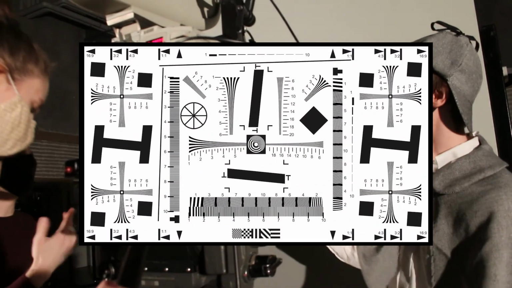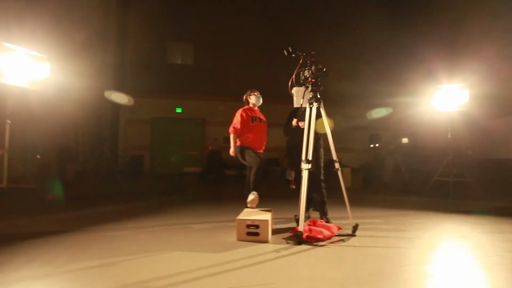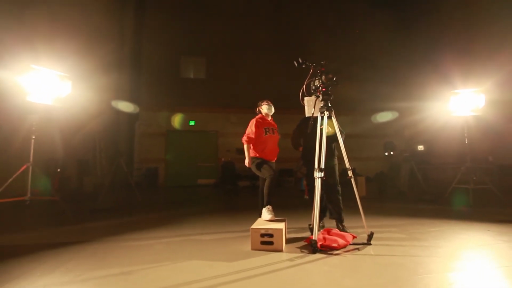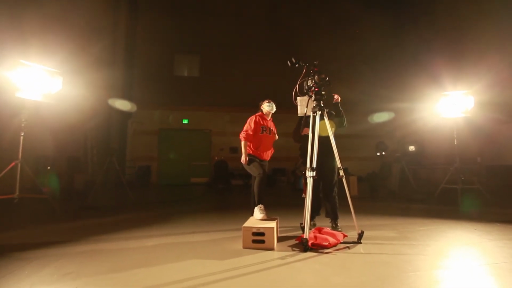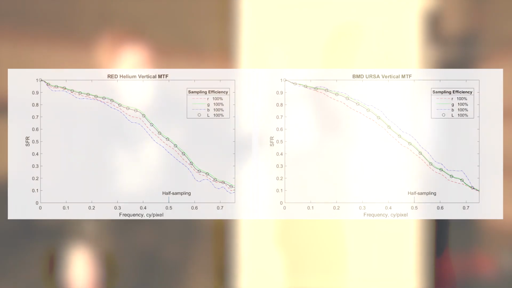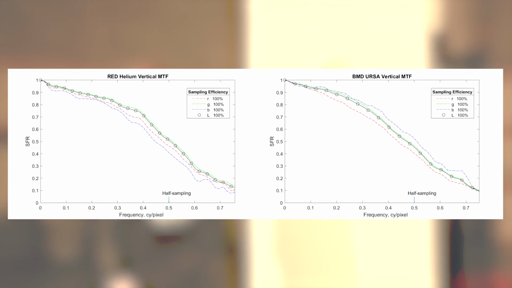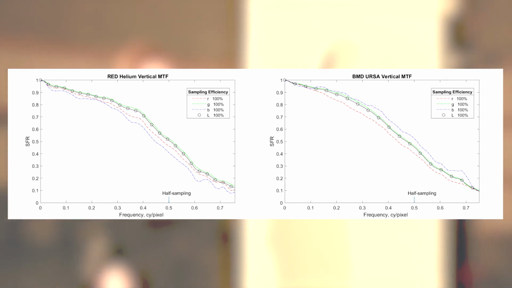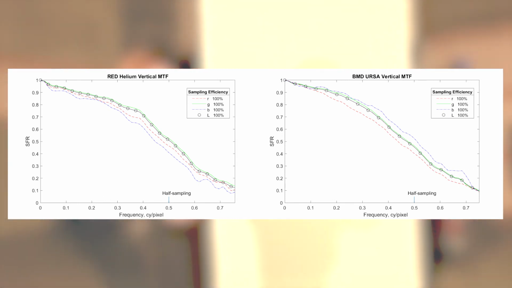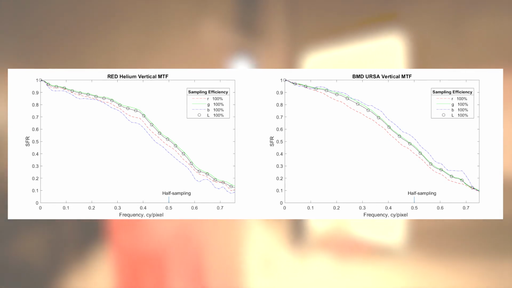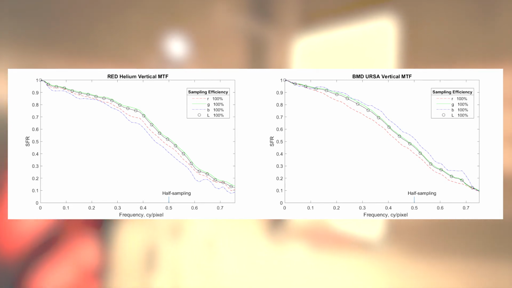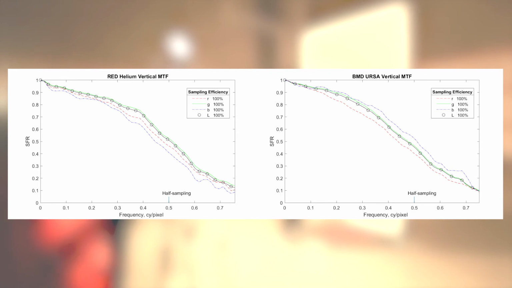We made sure to shoot with as little compression applied as possible and at full sensor utilization. Pardon the graphs, but these just show how well the image is reproduced at increasingly finer levels of detail. The further right on the graph, the higher the measured frequency. You want there to be more area under the curve, as this corresponds with higher resolving power.